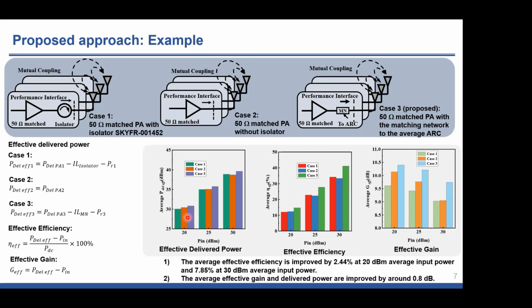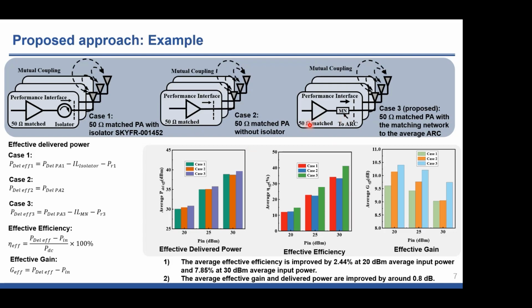But sometimes case 1 gets a better result, sometimes case 2 gets a better result, and this is within the accepted range because the outputs of the PA of these two cases are different, so it's not easy to say which case gives us a better performance. But if we compare these three cases, the case we proposed with a match network is the best one.